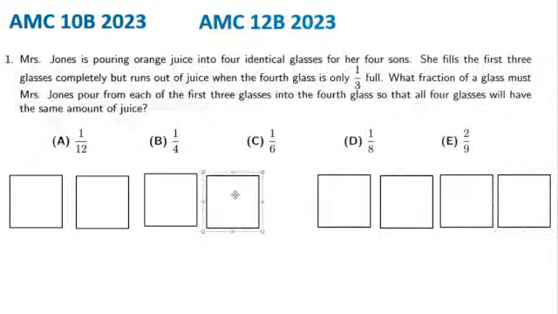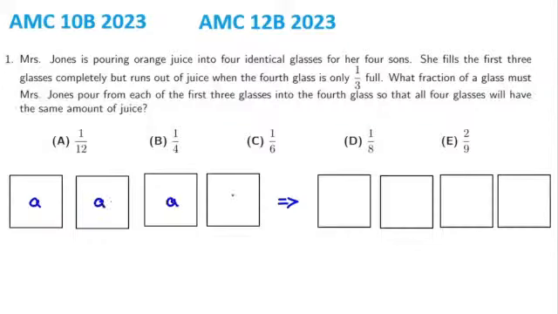At first, suppose for example we consider the capacity of this is A. So we fill this one A, and this one A over 3. Without loss of generality, we can consider A equals 1. And then we want to reach 4 equal things.